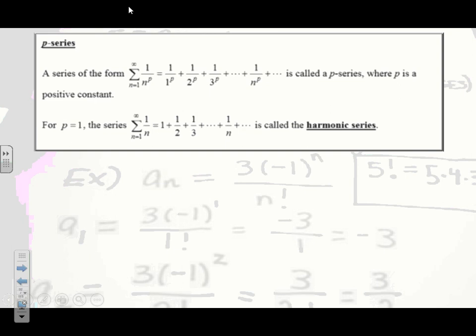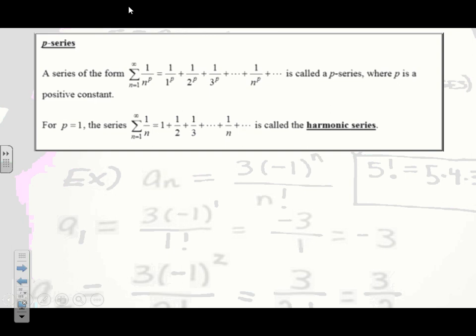I'd have to look it up again, but I think it has a lot of properties and some uses in quite a few areas of study. It shows up a lot naturally within certain things. That's something you could investigate at some point, but it's a very special series that actually gets its own name because of its importance.